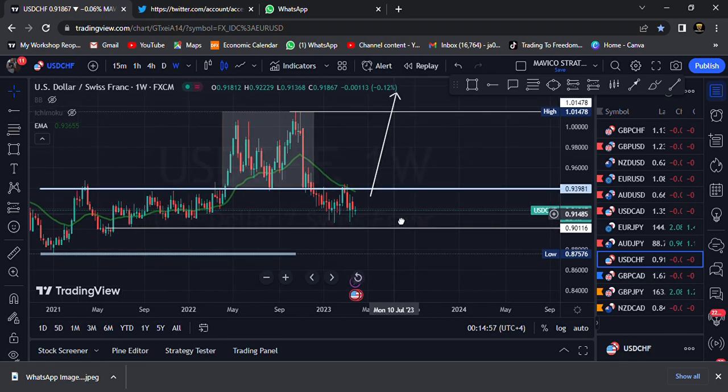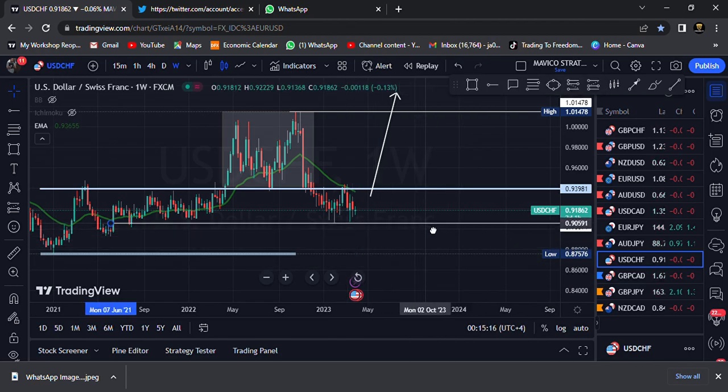So actually it's a sell, because it hasn't actually broken this moving average yet. It's still trading below the moving average, and all we can do now is see how price is gonna react here.